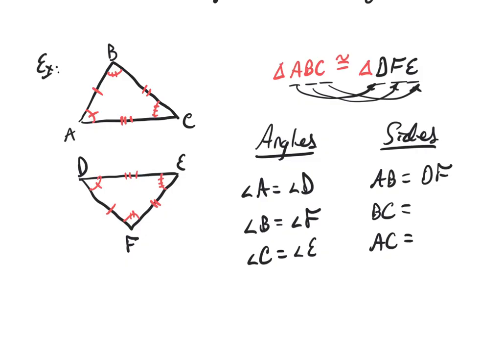BC has 2 tick marks, EF has 2 tick marks, so those are called corresponding. AC has 3 tick marks, DE has 3 tick marks, so they're both equal and called corresponding. Okay? All right, so that's a nice simple example with a triangle.